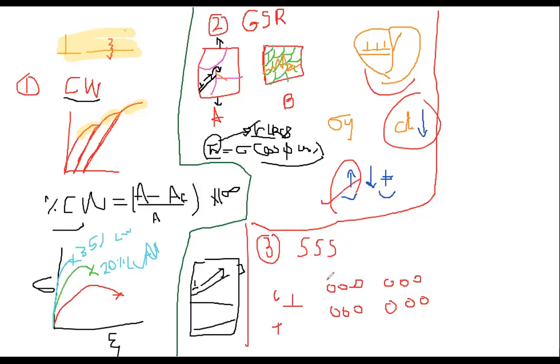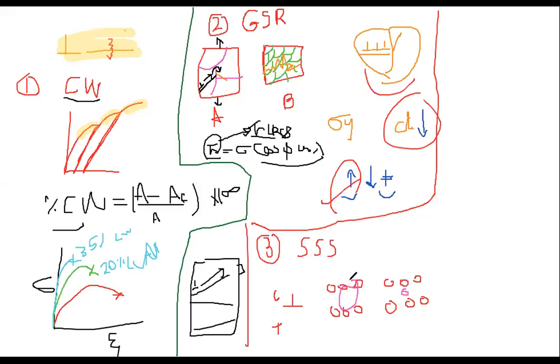We will try to find ways to cancel those strains around the dislocation. One way to do that is by placing larger atoms here or smaller atoms.